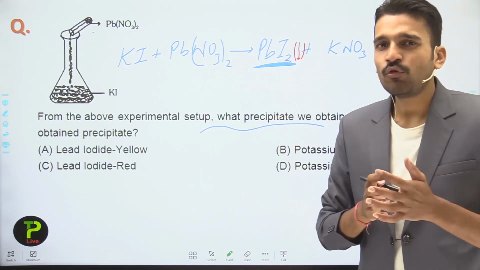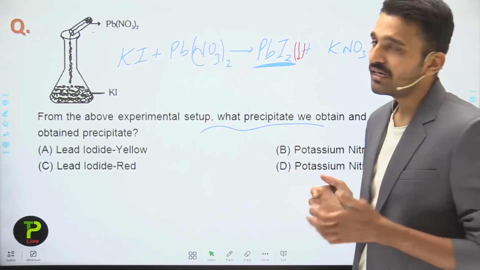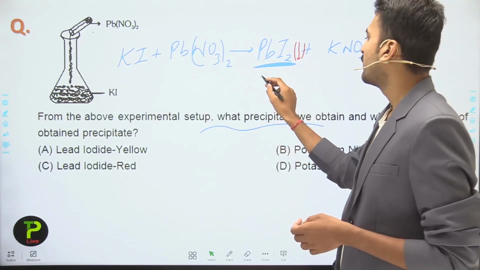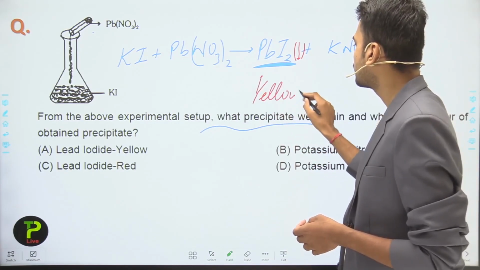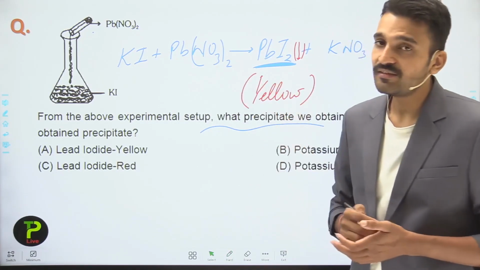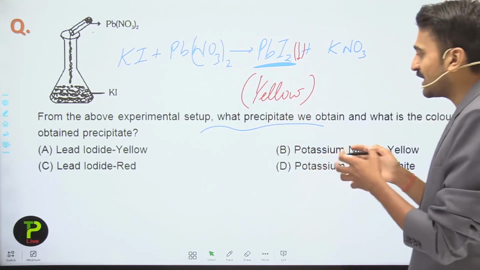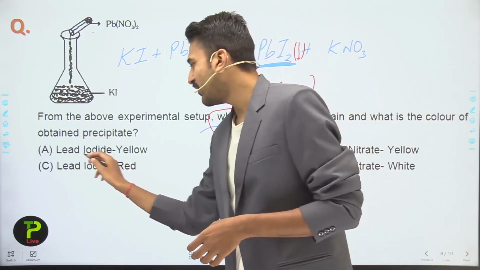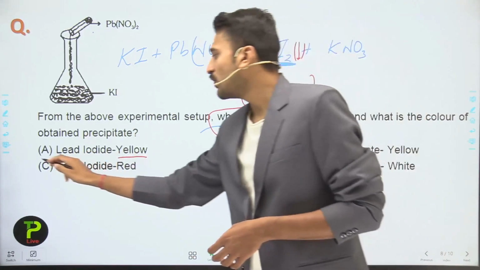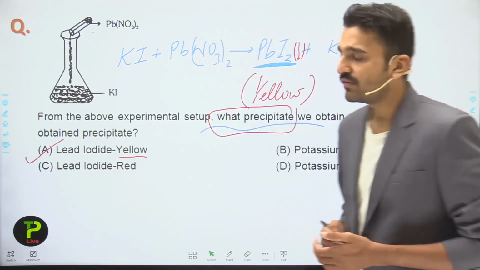And you know the color of lead iodide: the lead iodide color is yellow. So from this experiment, the precipitate we obtain is lead iodide, and its color is yellow. So option A is correct.